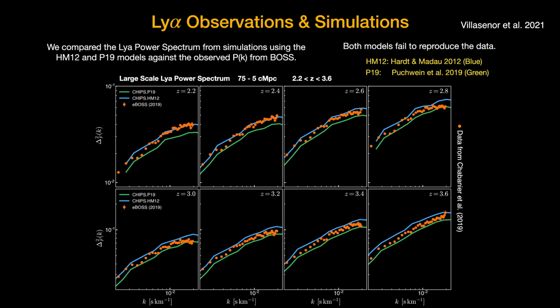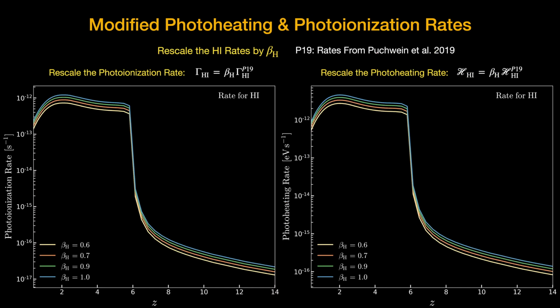To find the photoheating and photoionization rates that match the observations, what we did is construct modified rates by applying two types of transformations to the rates from the Puchwein model. The first transformation is that we multiply the rates by a scaling factor beta. So here you see the rescaled photoheating and photoionization rates for hydrogen.